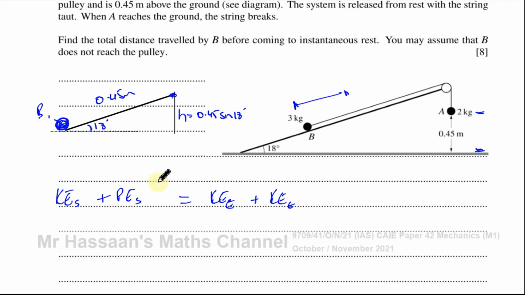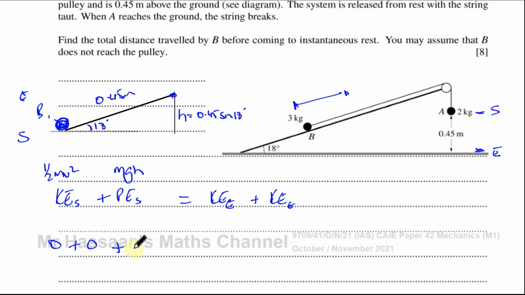That's that vertical height. So at the start, the kinetic energy for both of them is 0, because they're both not moving. The potential energy for A, this is the start, this is the end. For A, the potential energy is going to be mgh. Remember, potential energy is mgh, kinetic energy is a half mv squared.